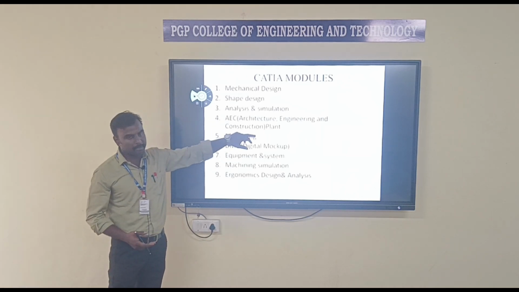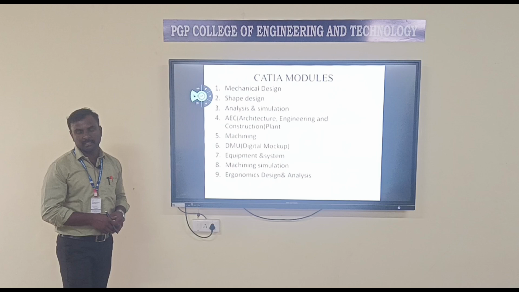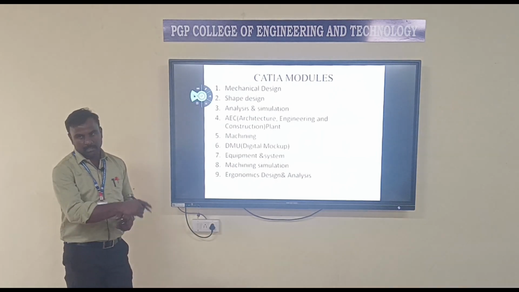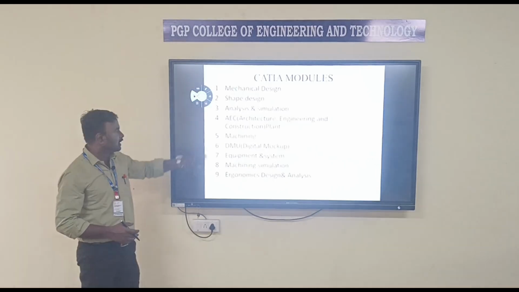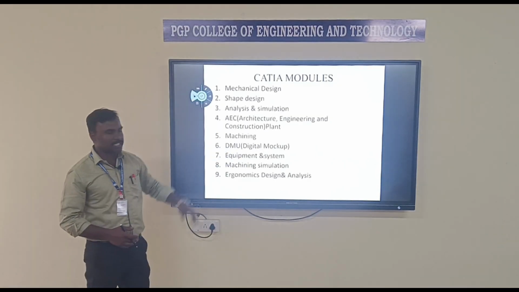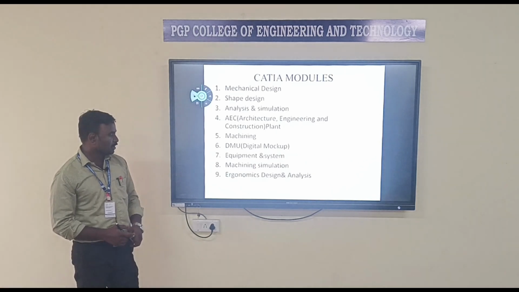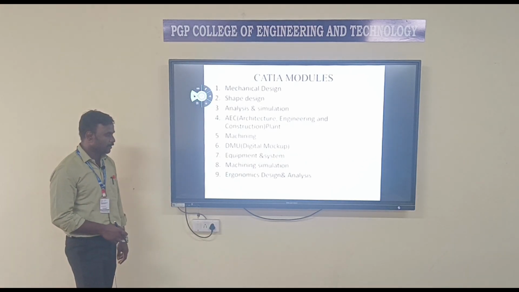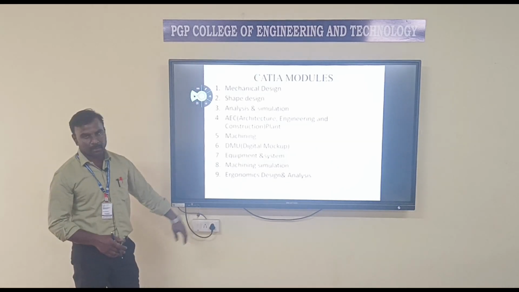In this we can design the entire plant, including the machinery and the location of the machinery, like where the persons are moving, where the raw materials are handled. We can design this using AEC, and machining, digital mockup, equipment and systems, machining simulation and ergonomics design also we can do using these CATIA modules.